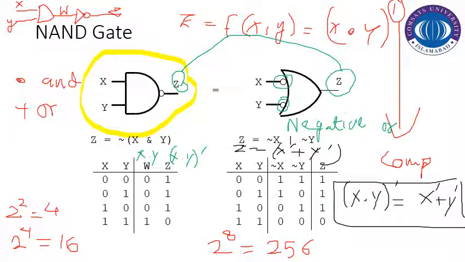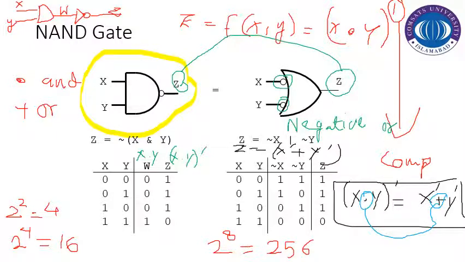Let us first see the observations from this expression. If we invert a Boolean function, for example X and Y, the Boolean function of the AND gate that has been inverted, we can observe that this dot operator, let me use some other ink, is converted to this operator.